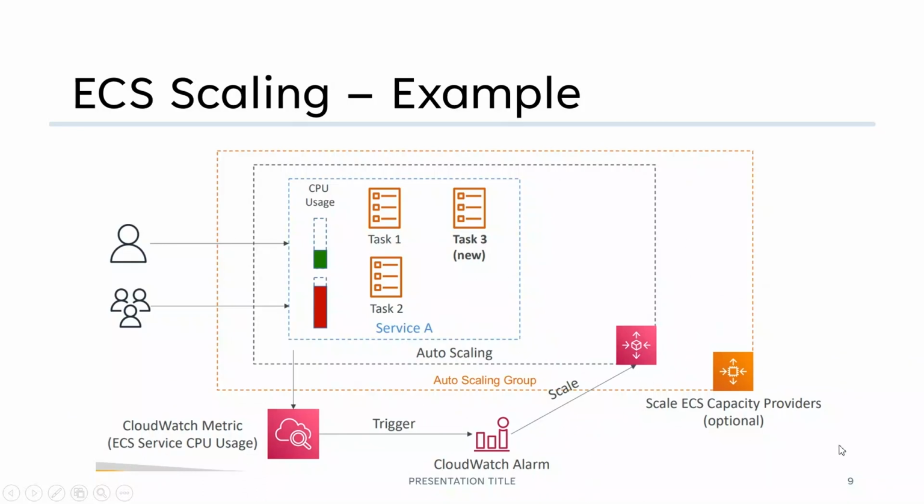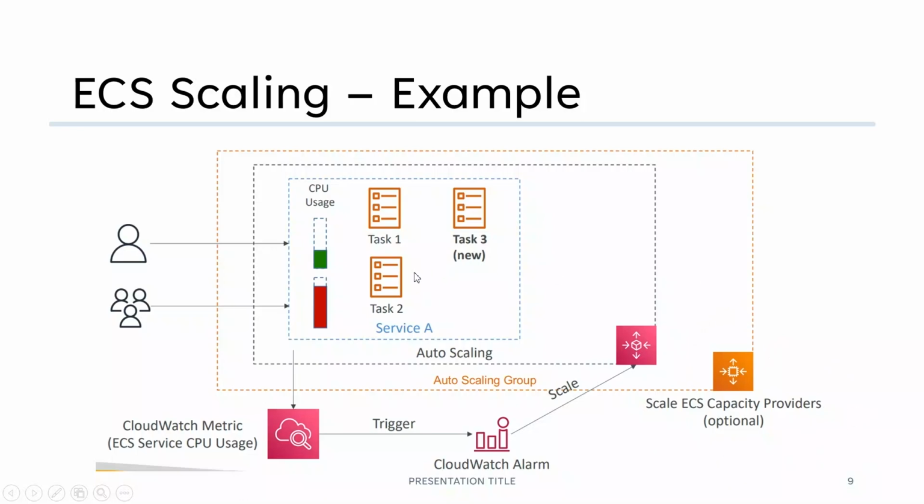But you need to configure ECS capacity providers before enabling this option, because while we were creating our service, there was an option of enabling ECS capacity providers, with a choice of Fargate or EC2. So you need to enable this.